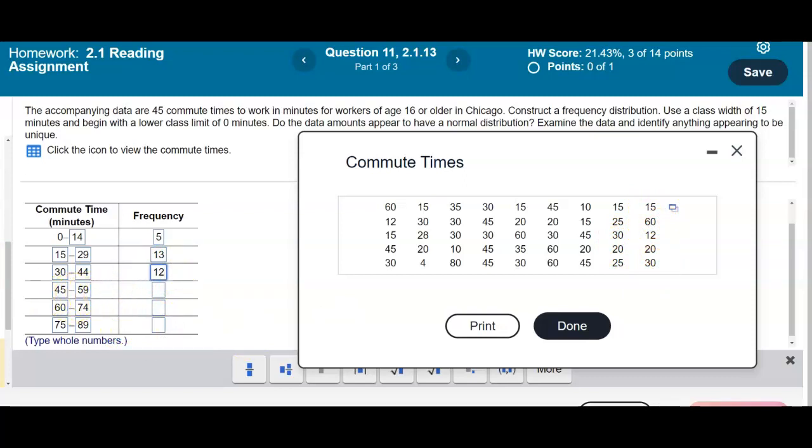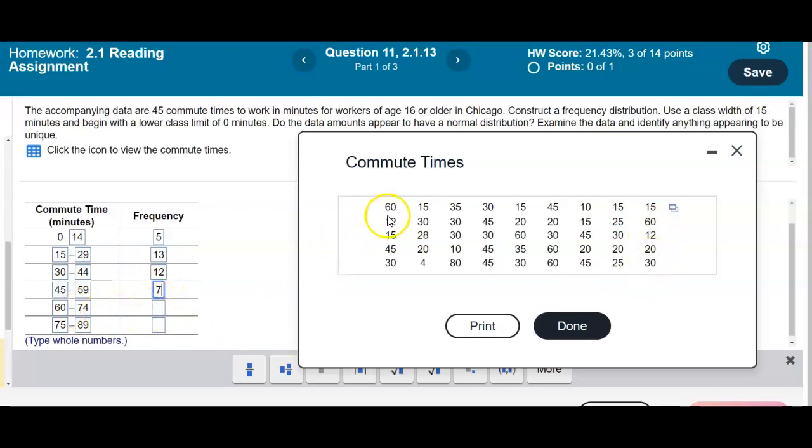Between 45 and 59, we have 1, 2, 3, 4, 5, 6, 7. So it looks like 7.